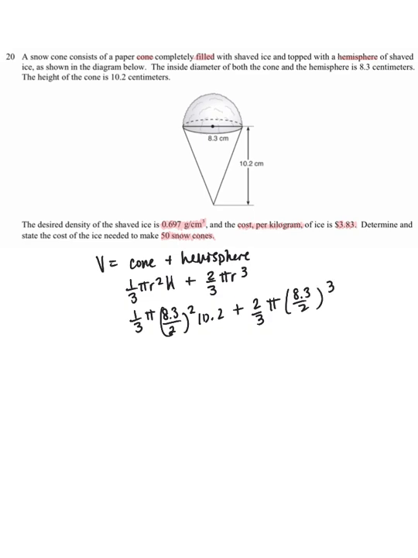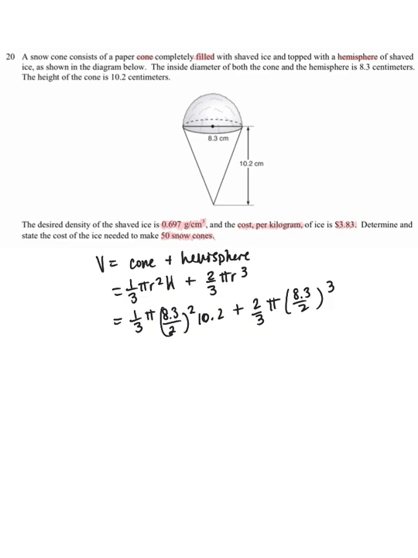Okay, I'm going to pause the video and type this into my calculator directly, exactly how it appears in front of you. And I will just round to the thousandths place for now.